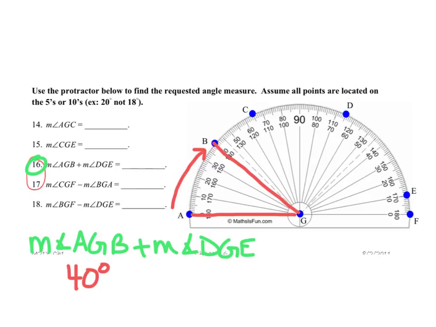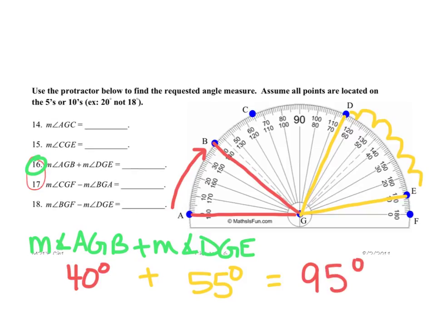Second angle they asked me about is DGE. DG to E. Interesting. This one's not right on the 0, so I think the best strategy for this, you guys, is to count. So let's see. Starting with E, we go 10, 20, 30, 40, 50, and 5. Guys, all I'm doing is adding the 2 angles together. 40 plus 55 is 95 degrees. And there's your answer.